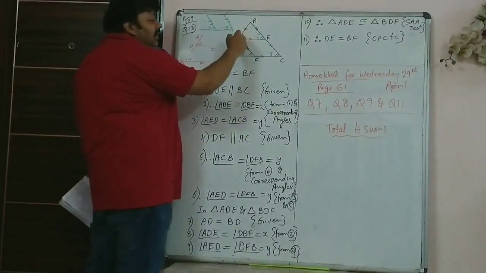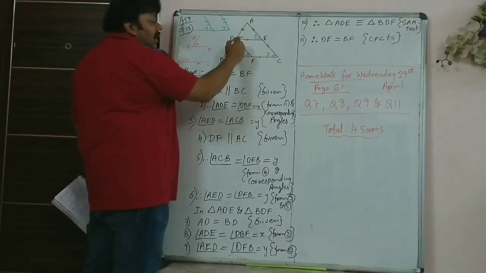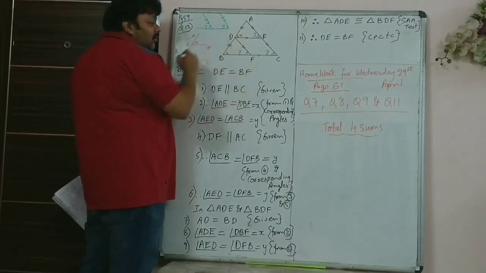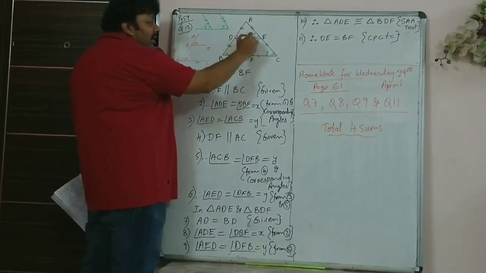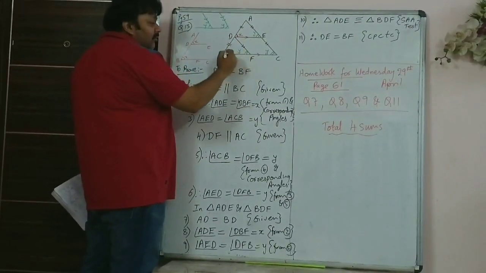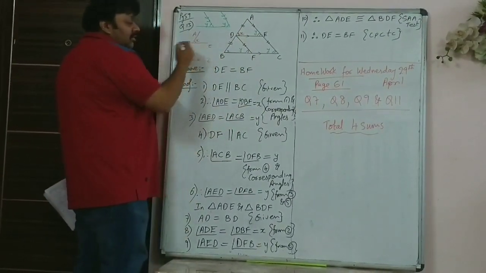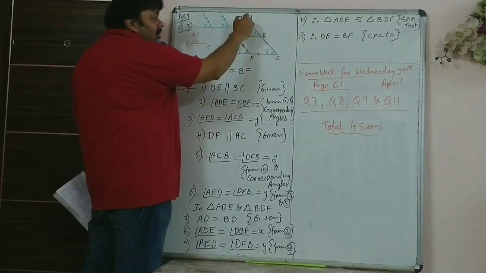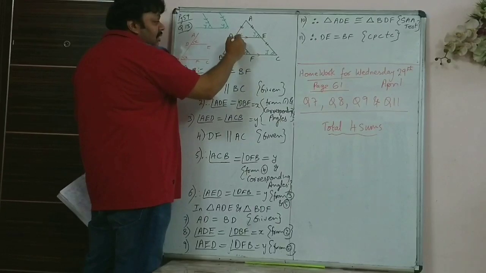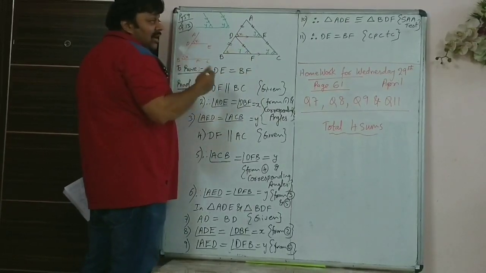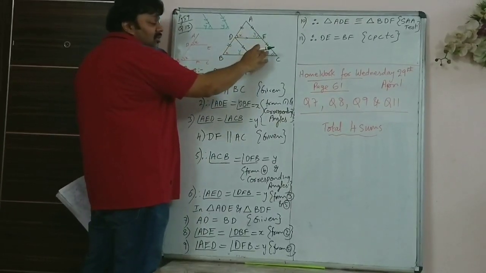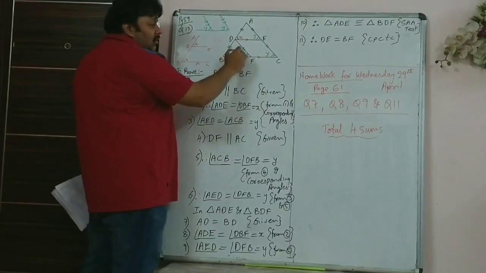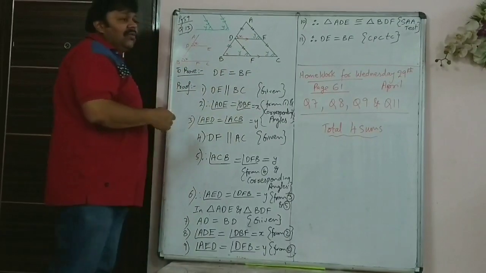So now if you take triangle ADE and triangle BDF, you have AD is equal to BD. Then angle ADE is equal to DBF, both are x, as you used corresponding angles. And then you have even proved that AED is equal to DFB. Not directly, but first you proved these two are corresponding, then you proved these two are corresponding, so these two both will be y.